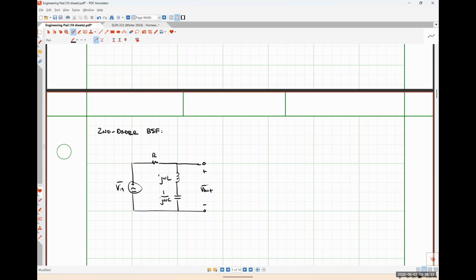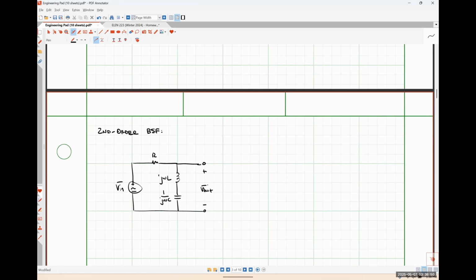At very high frequencies, that shunt branch with those two elements in series also looks like an open circuit, so that's why it passes everything at high frequencies as well. It's only when the reactance of the inductor and the reactance of the capacitor start to cancel each other out that we see that our signal is actually attenuated, because then we're taking the voltage drop across what is effectively a short circuit. Okay.